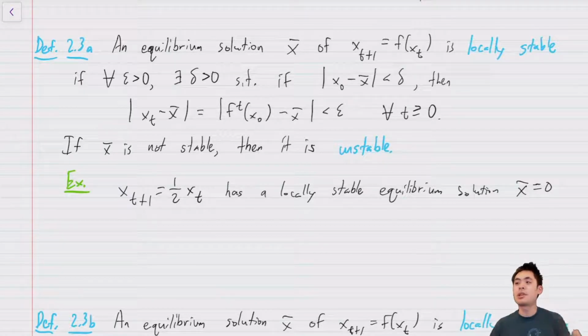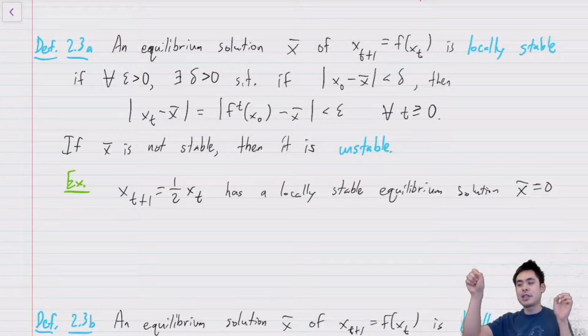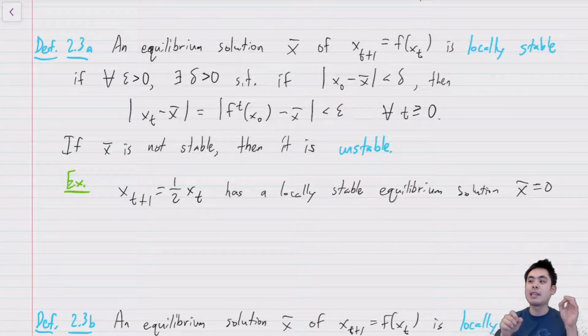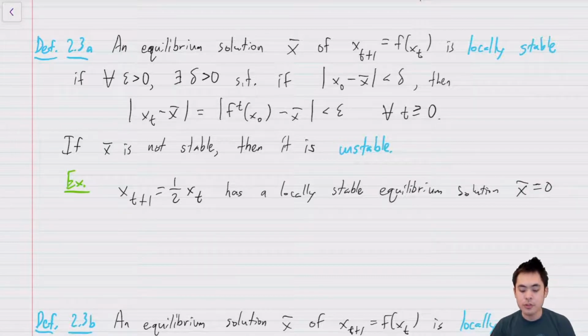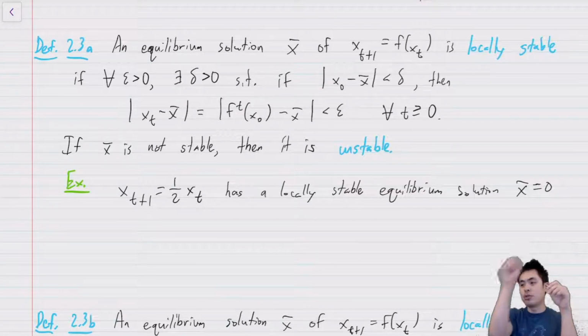Why is that? Because when you start close to 0, you don't ever get farther away. In fact, you're always getting closer. You don't have to always get closer. You can go away slightly further, but you have to come back. You can't get too far away for it to be stable. And moreover, this has to be true for any epsilon. There needs to exist some delta such that if you start close enough, you don't get too far away.